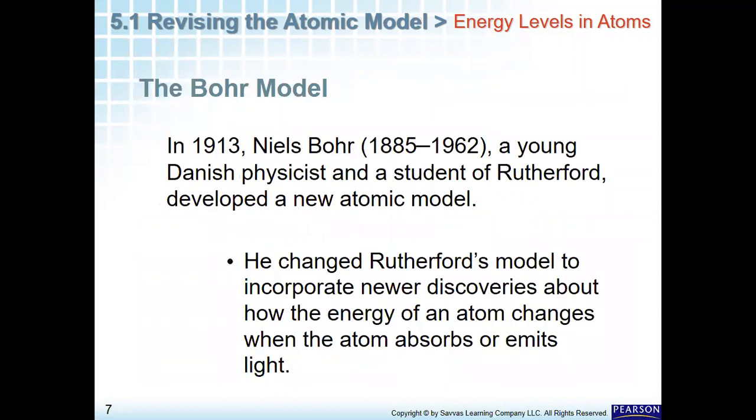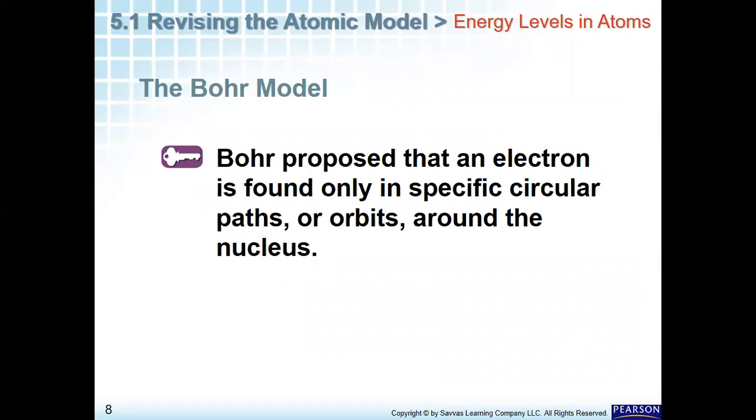So the Bohr model, guys, in 1913, Niels Bohr, a young Danish physicist who was one of the students of Rutherford himself, developed a new atomic model. He changed Rutherford's model to incorporate newer discoveries about how the energy of an atom changes when the atom absorbs or emits light.